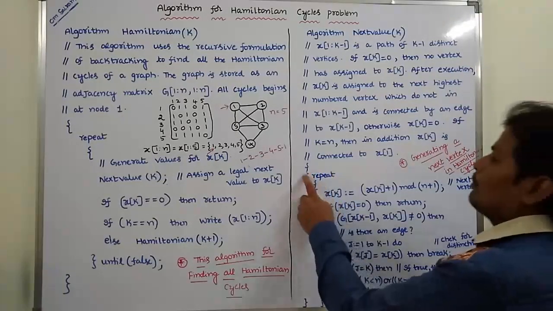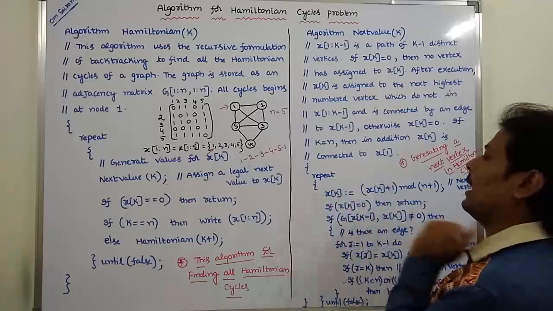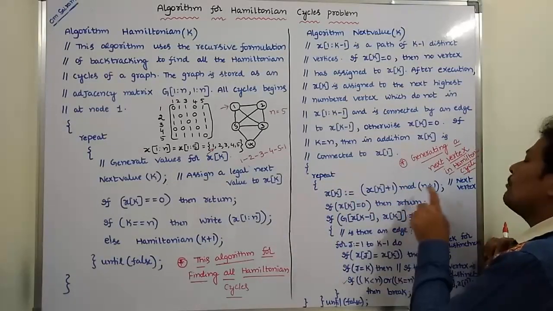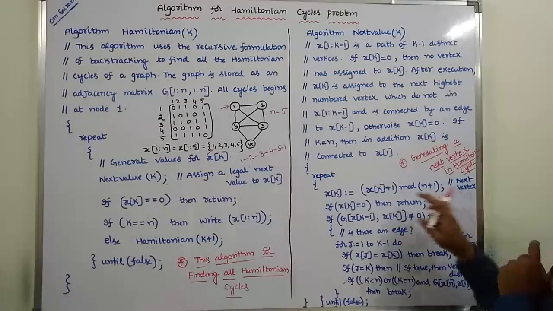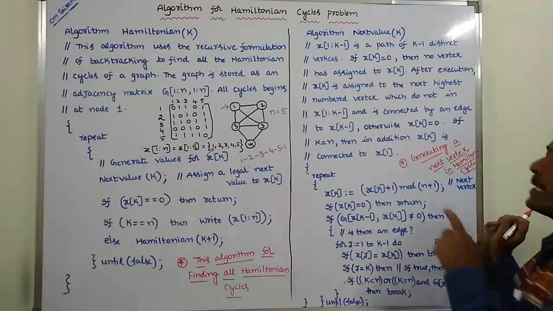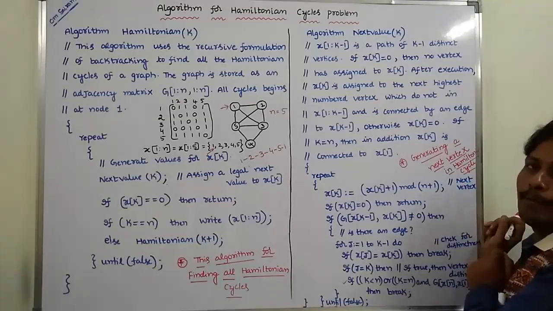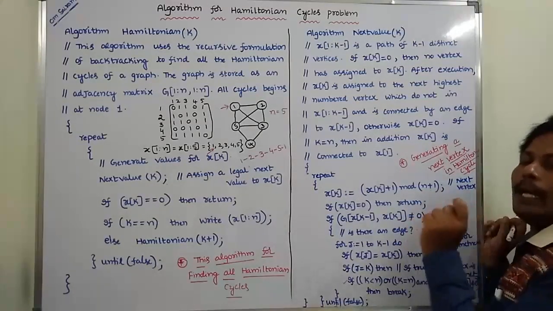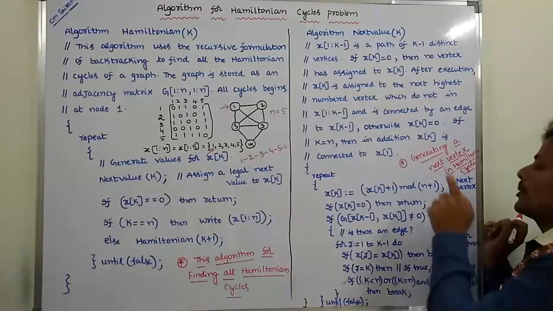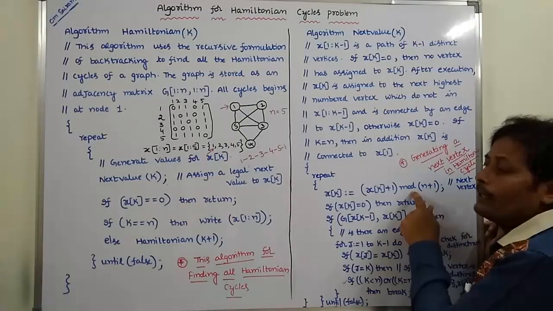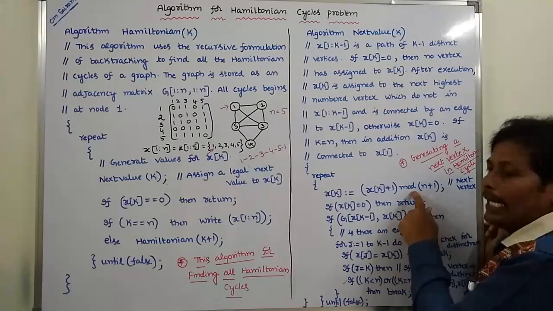Begin, repeat, begin. X of k is equal to x of k plus 1 mod n plus 1. This is the mod function. This function is used for finding the next vertex after the starting vertex in the Hamiltonian cycle.